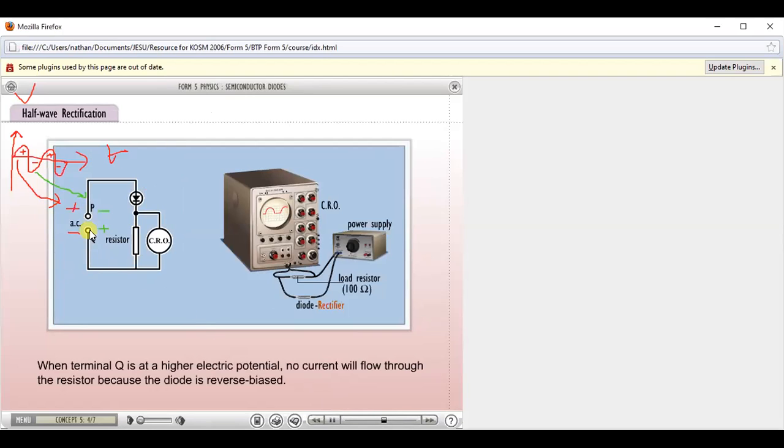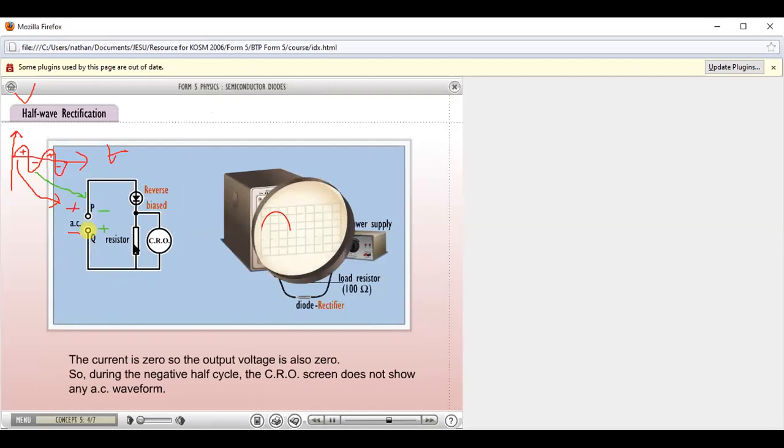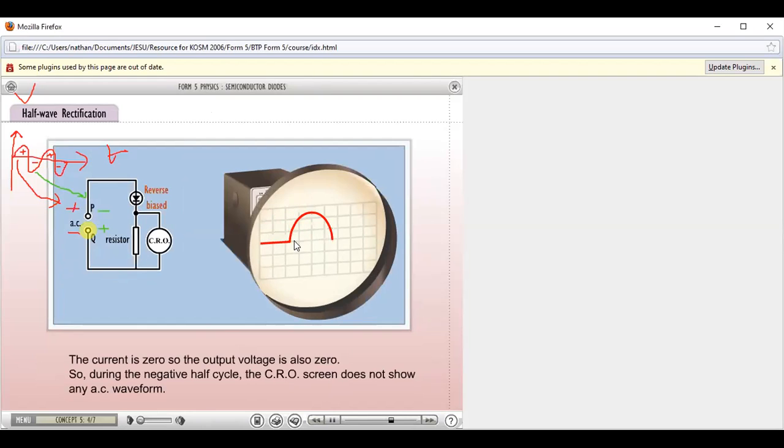The current is not able to flow because the diode is reverse bias. The current is blocked, so across the resistor there's no current and no voltage. That's why you see a flat line here. There's no wave here.